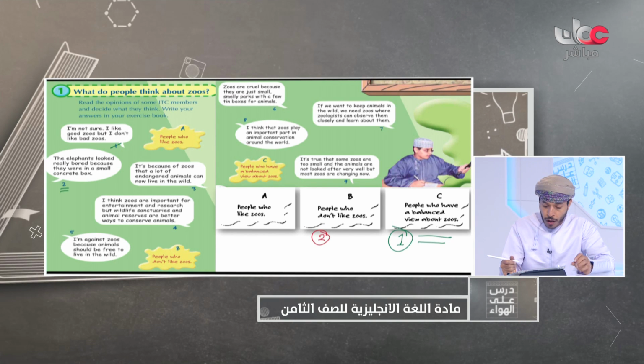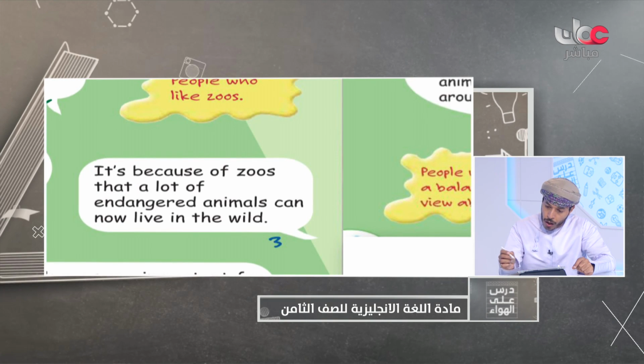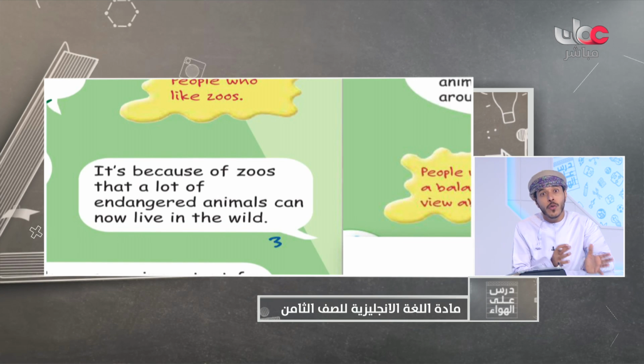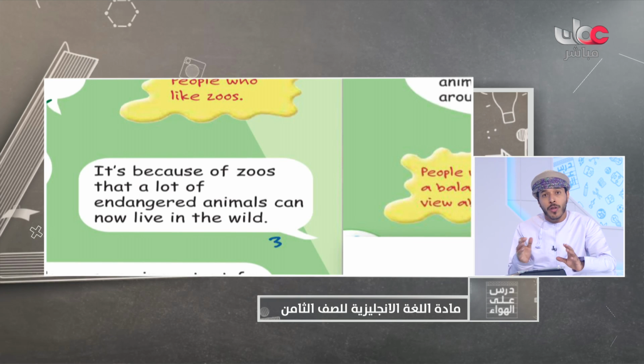Okay, guys, so this is how to answer these questions. Look at number 3 very quickly. Number 3, it is because of zoos that a lot of endangered animals can now live in the wild. Good. What do we understand from this one? This one has a positive feeling towards zoos, because zoos can protect the endangered animals from people who can hunt them.